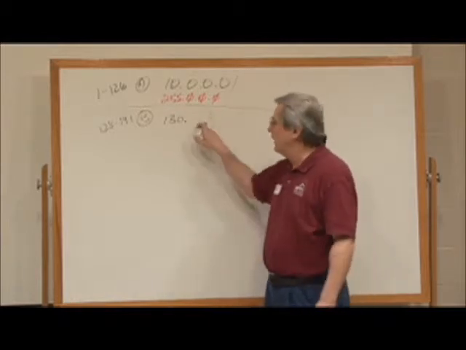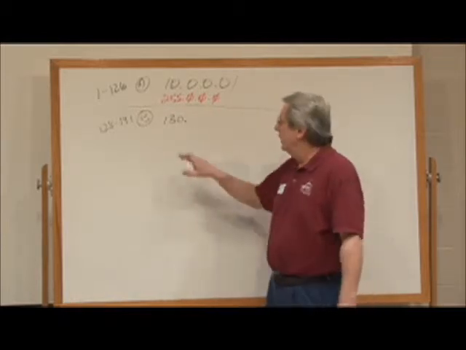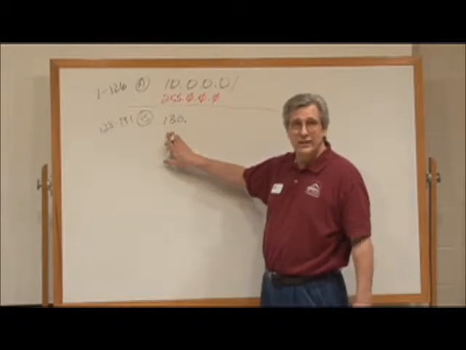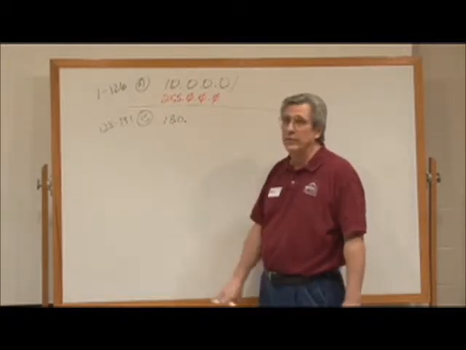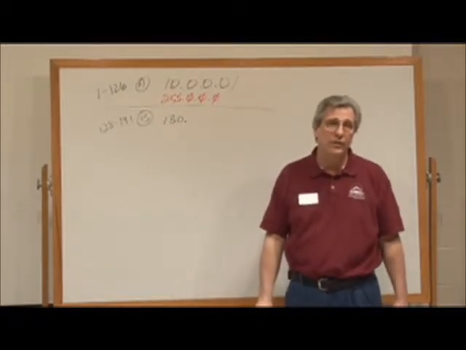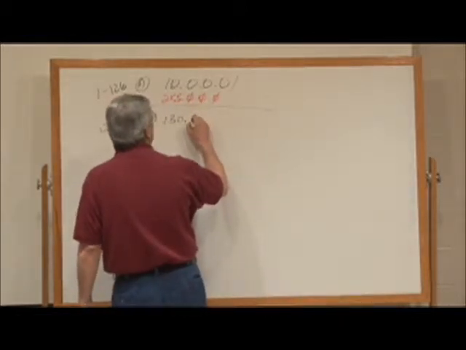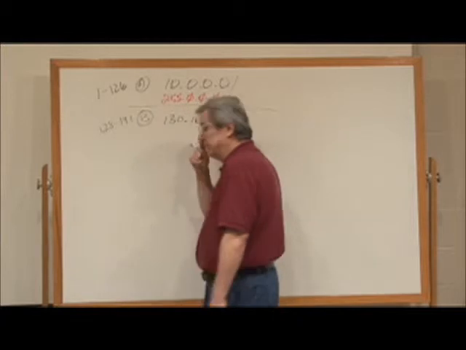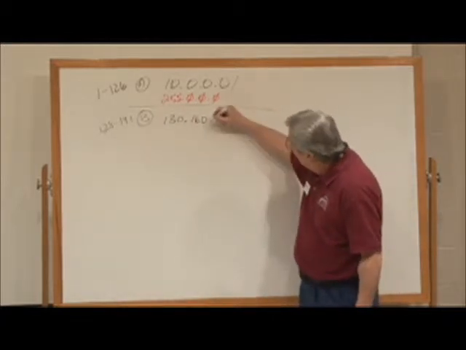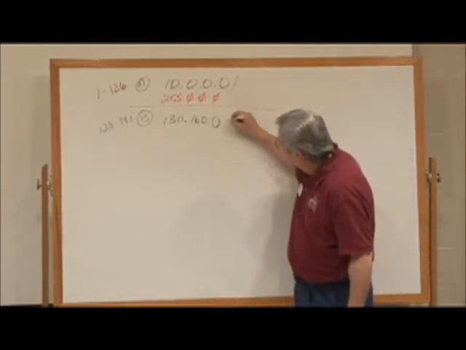Well, what would that number be for a Class B? The only thing that designates the class is the first octet. The next number is going to be anything between a 1 and a 254. So let's say it's a 160. The rest are going to be zeros.